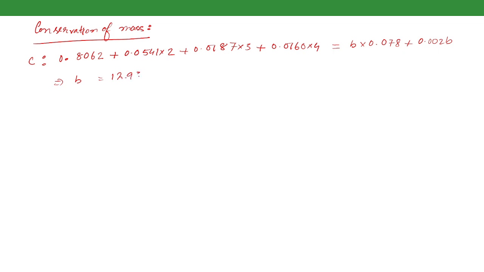This is 0.8062 plus 0.0541 into 2 plus 0.0187 into 3 plus 0.0160 into 4 equals B into 0.078 plus 0.0002B. This implies B is equal to 12.931.